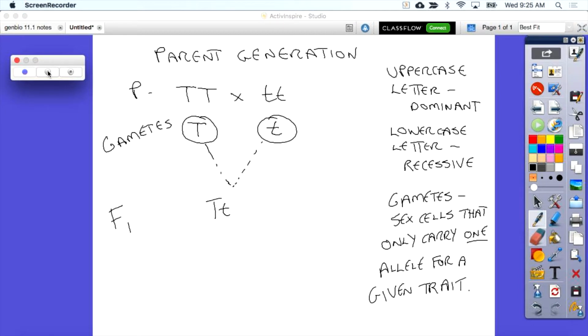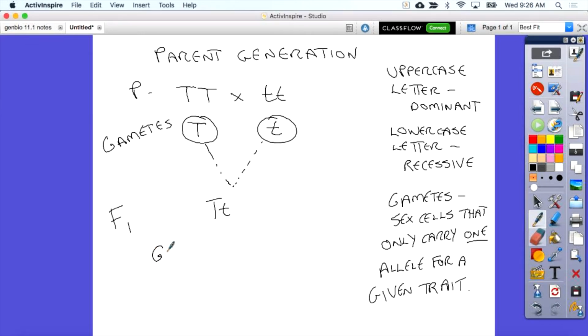And so because this first generation of offspring will all be heterozygous or hybrid, where they have one allele from one parent that is uppercase and one allele that is lowercase, we say that their genotype, which is what the letters represent, ratio is 1 to 0 or 100% big T, little t.